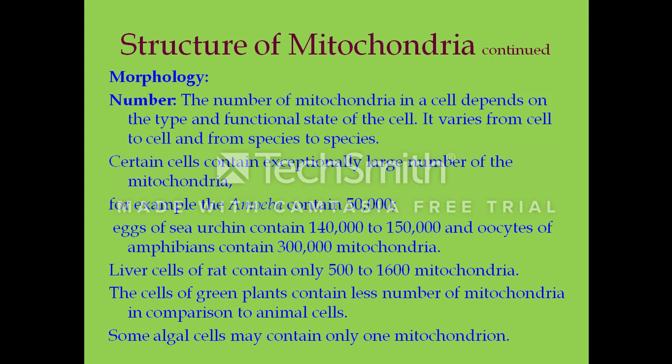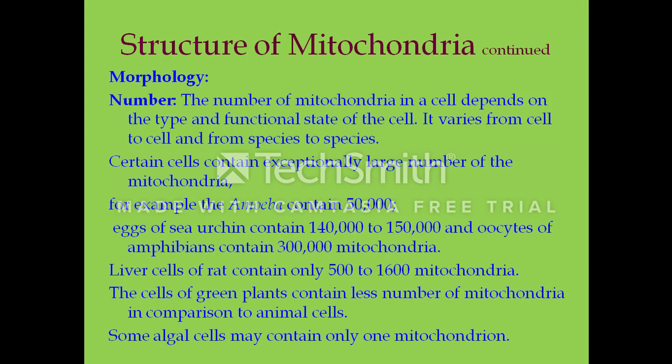Certain cells contain exceptionally large number of mitochondria. For example, amoeba contain 50,000 mitochondria. Eggs of sea urchin contain 140,000 to 150,000, and oocytes of amphibians contain 300,000 mitochondria. The liver cells of rat contain only 500 to 1600 mitochondria.